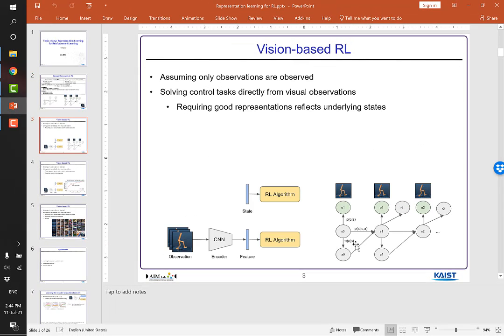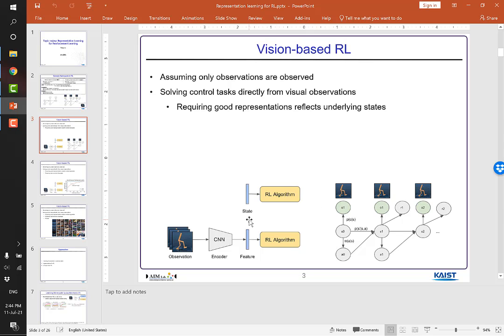One case study of the POMDP is vision-based reinforcement learning. In vision-based reinforcement learning, we assume that we only have access to the observation, and we cannot access the true, underlying state. The bottom left figure here is the general diagram when you solve reinforcement learning.